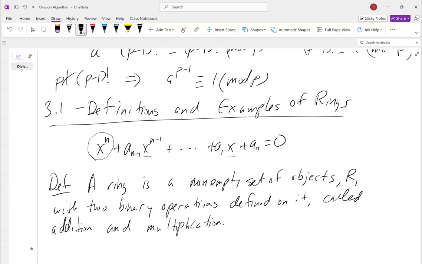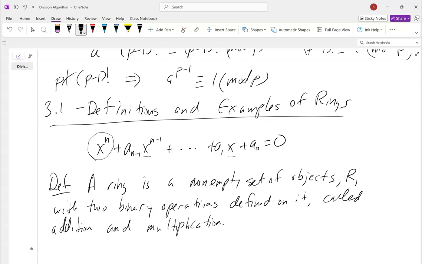Now, from what you remember from linear algebra, just because we say the word addition doesn't mean the addition has to be a standard addition, and just because we say the word multiplication doesn't mean it has to be a standard multiplication, right? But we do have certain properties that the addition and the multiplication have to have. So we talk about how they work with each other.